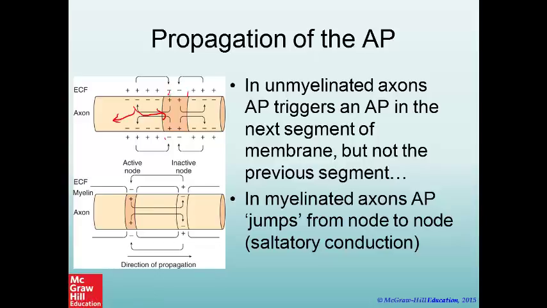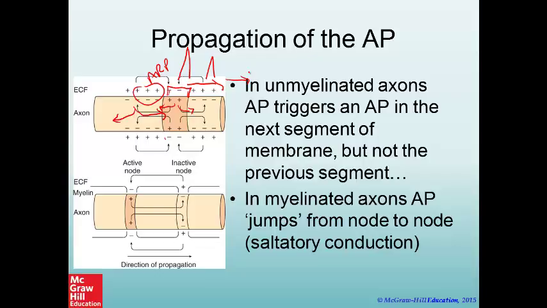It activates the next segment of membrane, causing voltage-gated sodium channels there to open. Again, you get sodium coming in both directions, but because of the absolute refractory period, when this next segment starts generating an action potential, the previous segment is in the absolute refractory period. So the action potential, this wave of sodium, keeps traveling down the axon towards the axon terminus or the synapse.